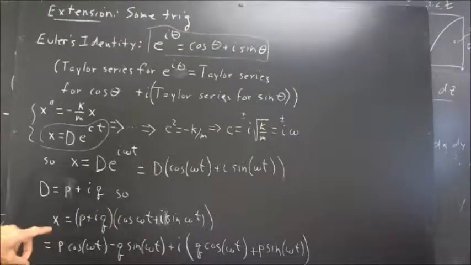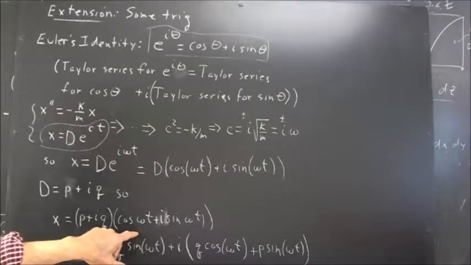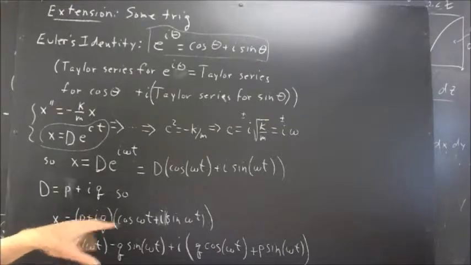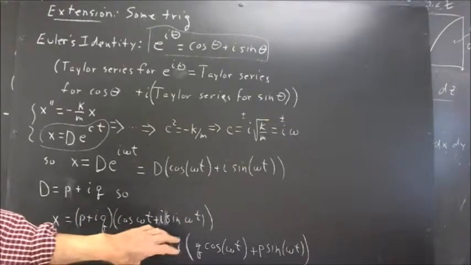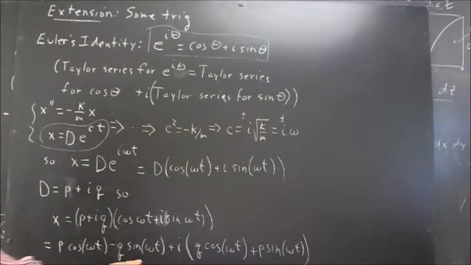Okay? And so multiplying this out, we're going to have a p times the cosine of omega t, and an iq times i sine omega t is going to give us i squared times q sine omega t. That's going to be negative q sine omega t, since i squared is equal to -1.